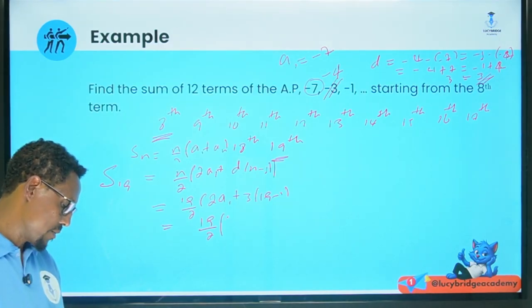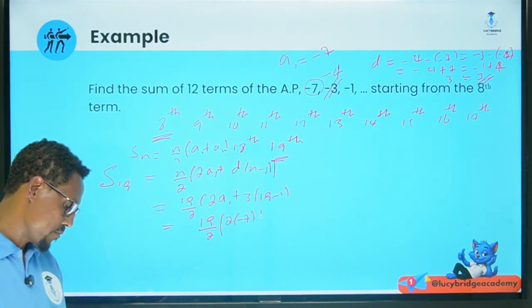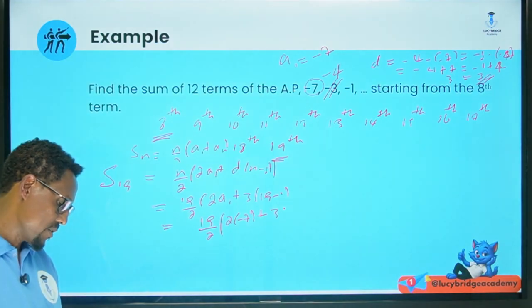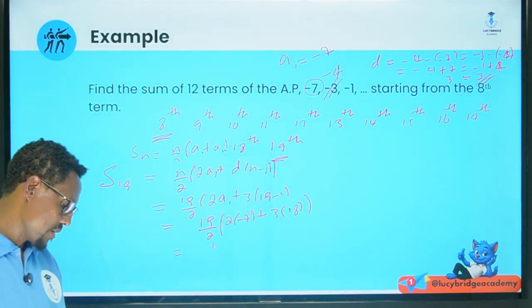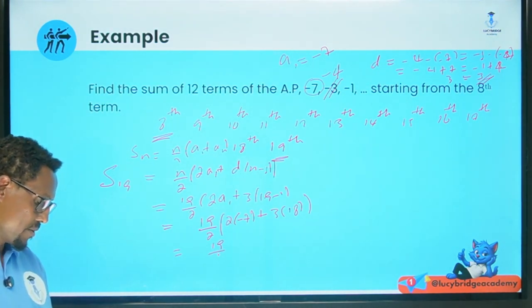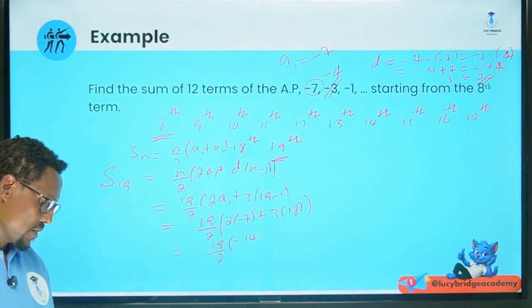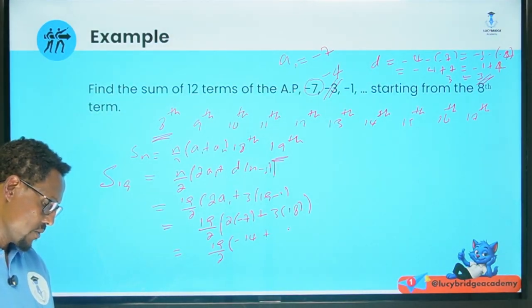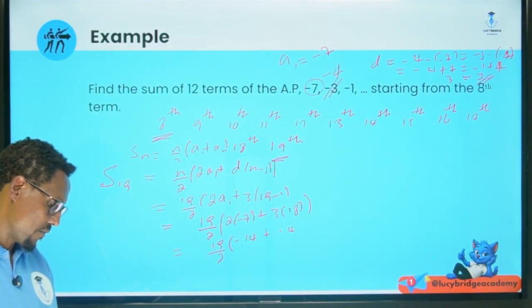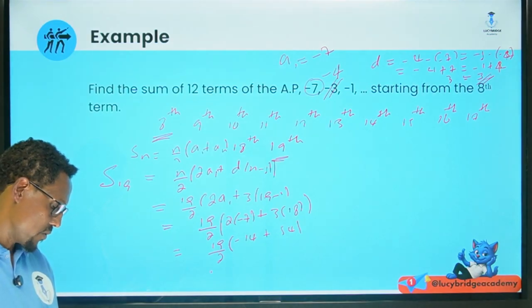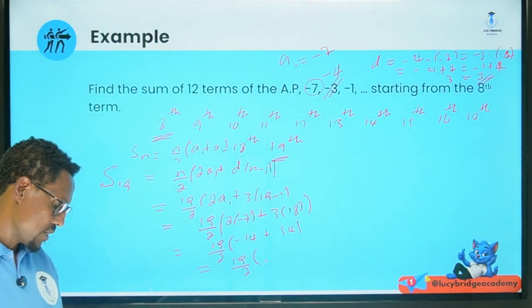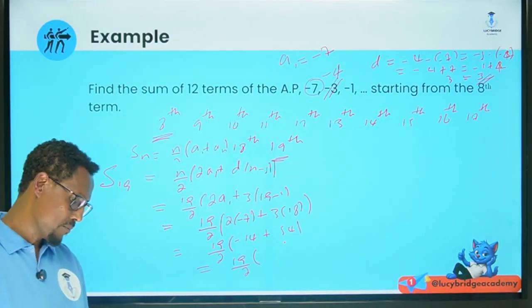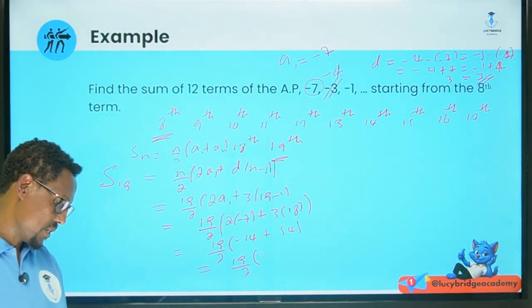So 19 over 2 times 2 times -7 plus 3 times 18, which is 19 over 2 times -14 plus 54, which is 19 over 2 times 40.